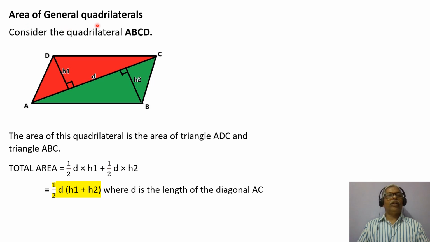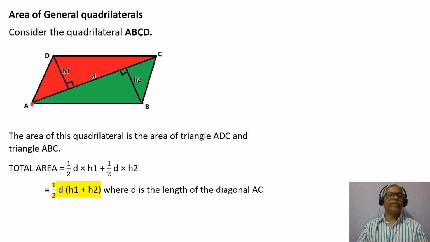Area of general quadrilateral. Consider the quadrilateral ABCD. Draw a diagonal AC. Now from D, drop a perpendicular on this diagonal, so that this is height h1 for this triangle, and another perpendicular from this point on this diagonal, and height is h2.